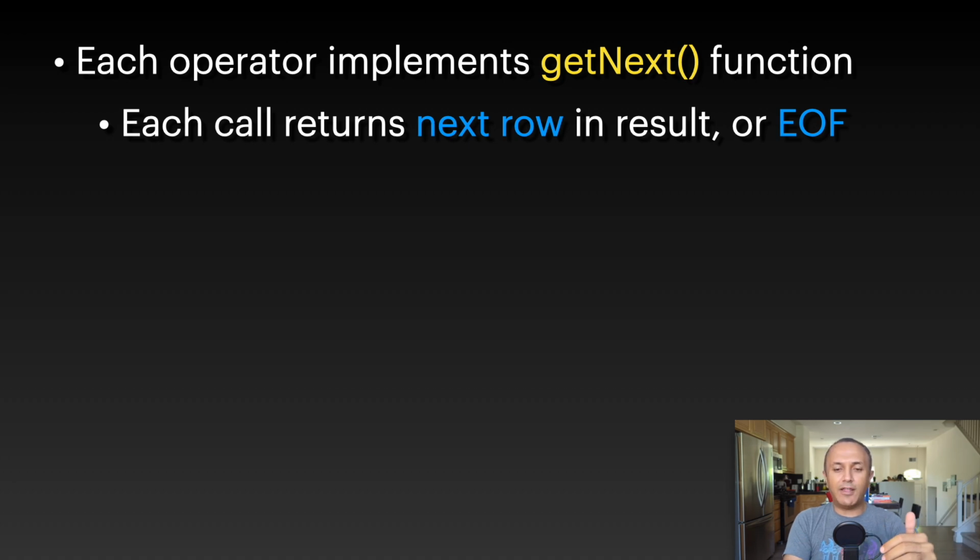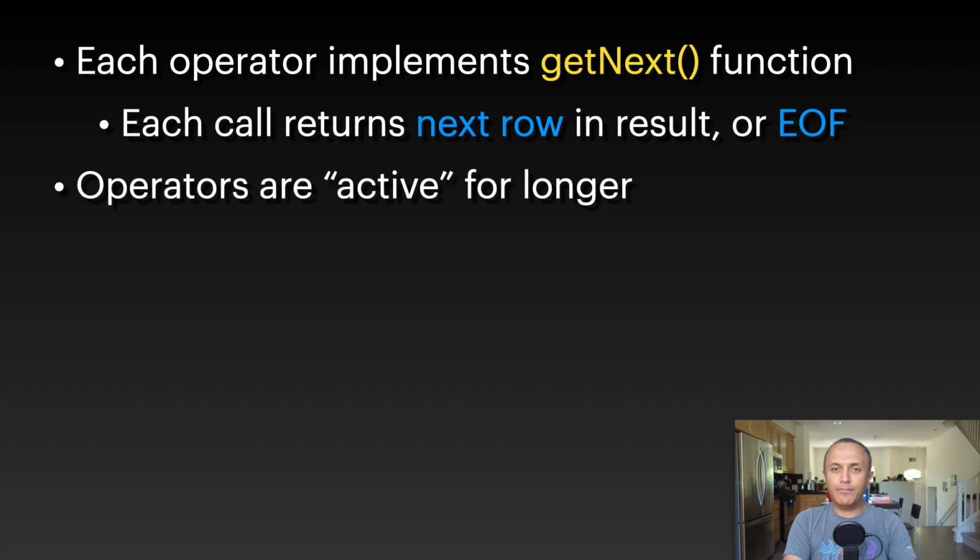So this means that the operators or the nodes are active for a longer time. In the materialization model, you call the get results, it's going to return everything, and then that node is done. You don't need to do anything again with it, right? But here, you call get next, it's going to return one row, but it needs to stay active because you're going to call get next again to get the next row.